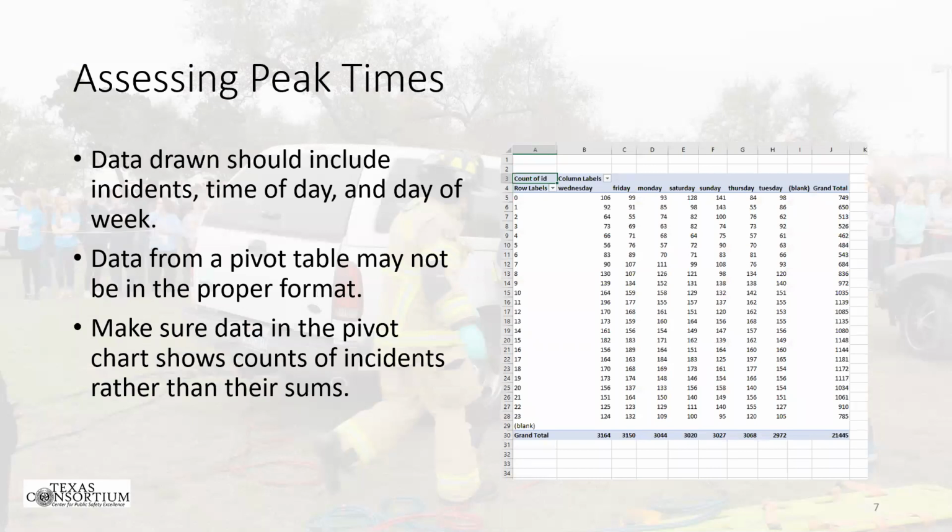So you have your raw data. You can create a pivot table out of it. It's not going to be in the proper format. Make sure the data in the pivot shows counts of incidents rather than their sums. The days of the week are also in alphabetical order, not chronological order.